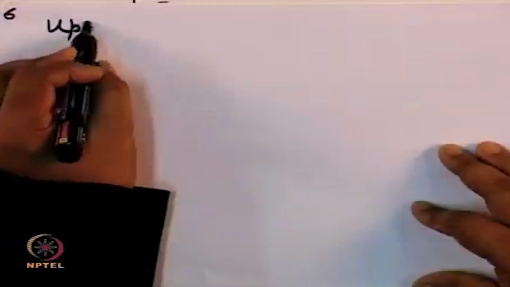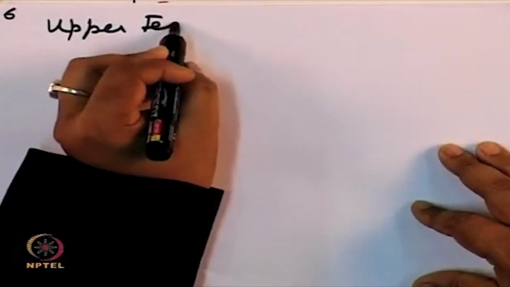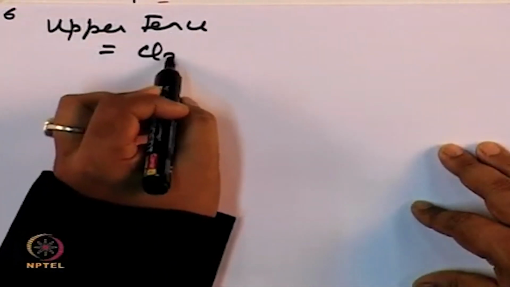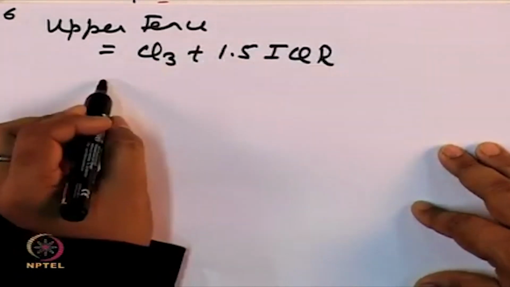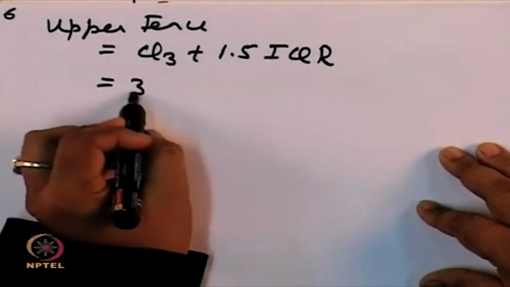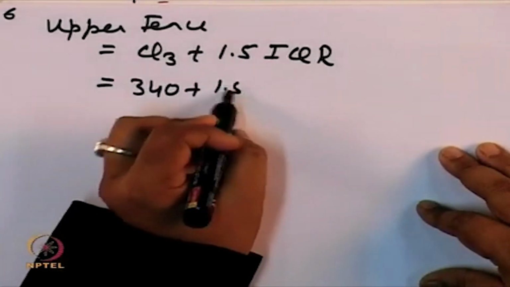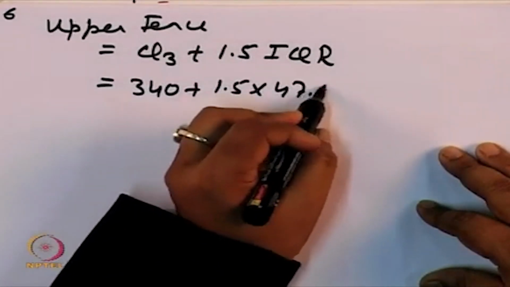Okay. I can similarly calculate the upper fence, Q3 plus 1.5 times IQR. Q3 is 340 plus 1.5 into 47.5.